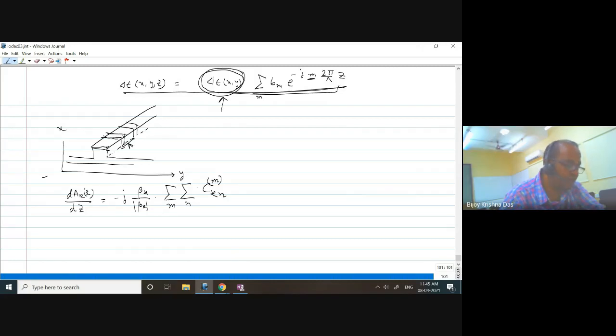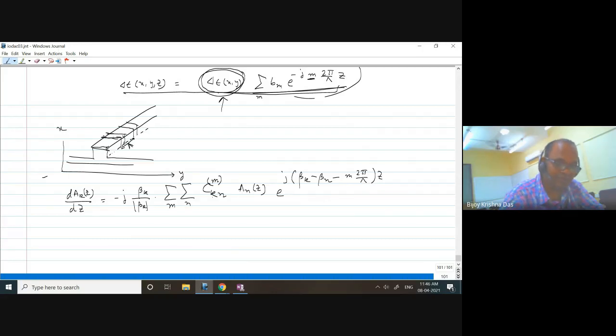Then we write a_n(z), e to the power j (beta_k minus beta_n) z was there. Along with that, an additional exponential term will be there, and that is m times 2 pi by lambda times z.